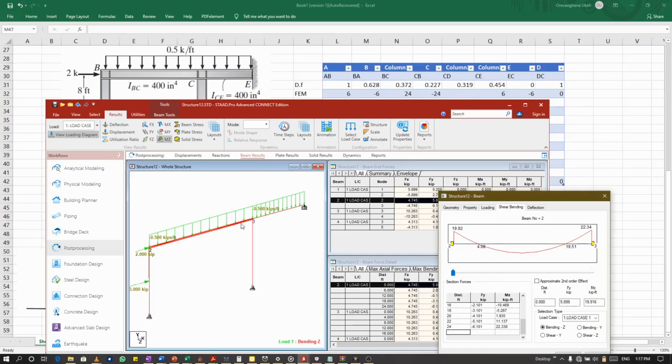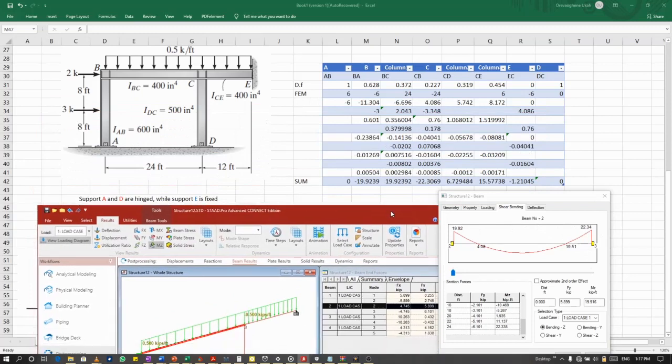At 3 here we have 23.34. Let's see what we have here: 22.3, which is still the same thing. Here we have 22.34, here we have 22.3. It's still the same thing.